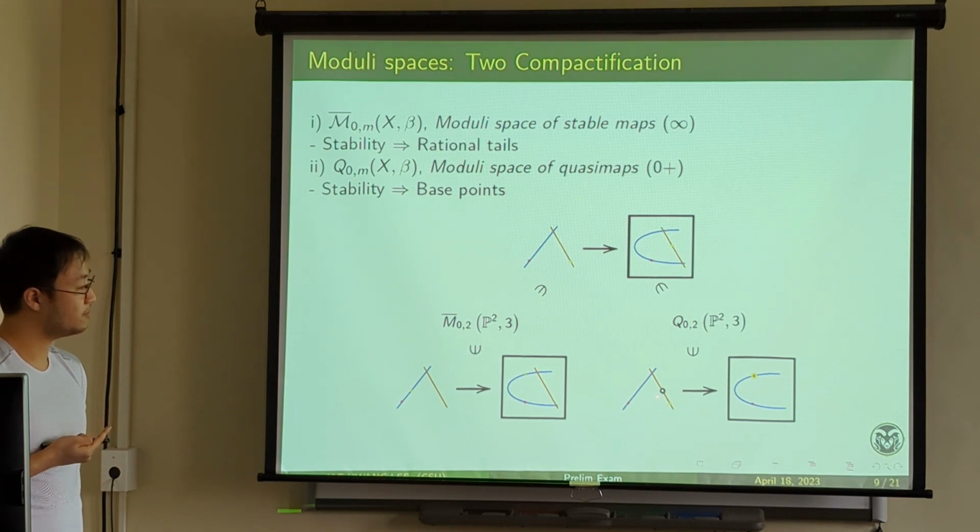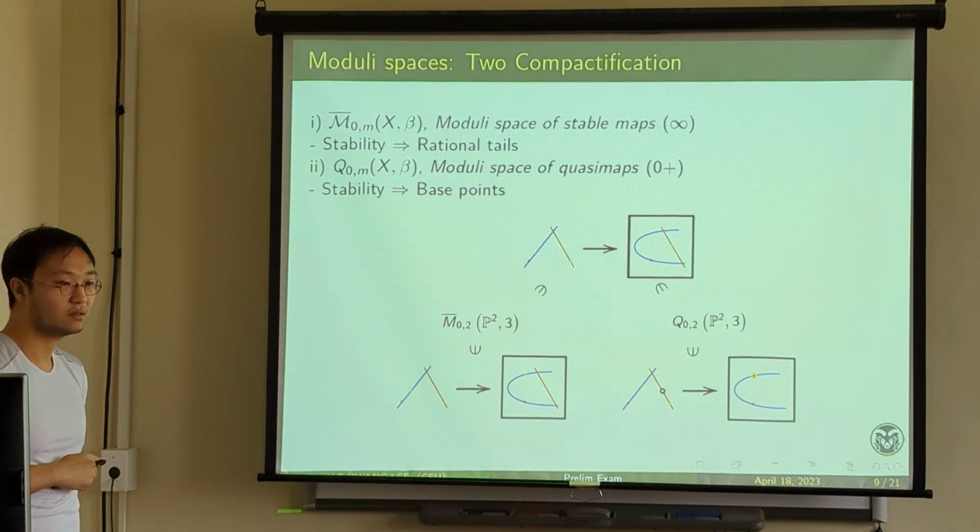So here, this represents the base point. This brown part has degree 1, and because of the degree 1, there is a base point of degree 1, so this collapses to a point. So we don't have a line in the image. This is an example of a Quasimap which is not a stable map. So any questions about what stable maps and Quasimaps are?